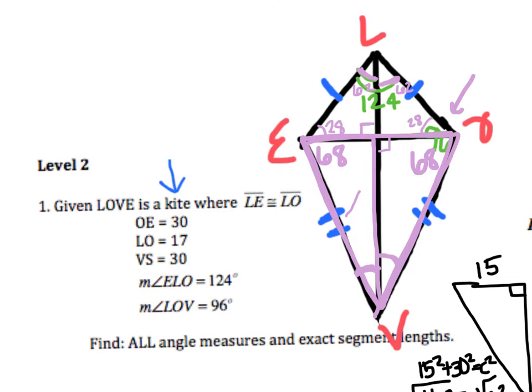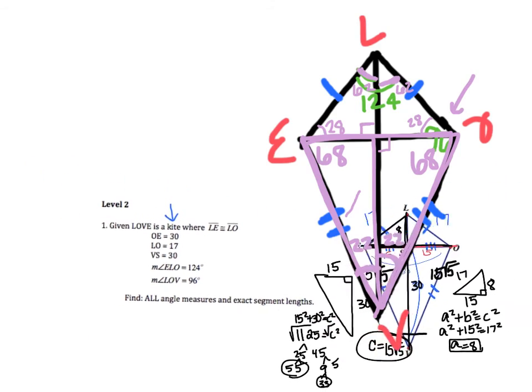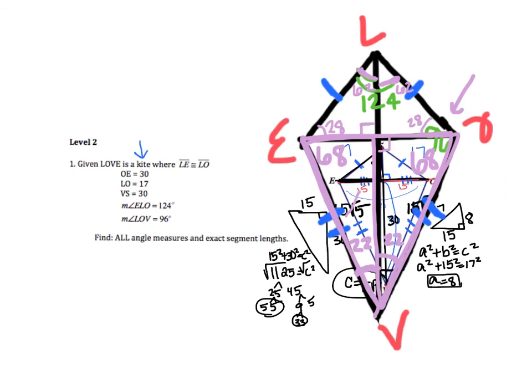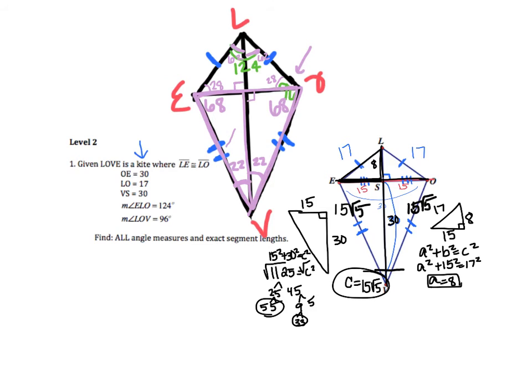I can find the rest of it and then just divide it by 2. Either way, for each angle, you're going to get 22. Okay, so it's a lot of piecing things together, but the big key thing here in level 2s is just knowing your properties and being able to apply them.